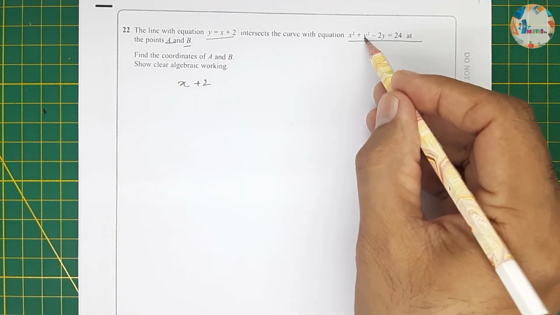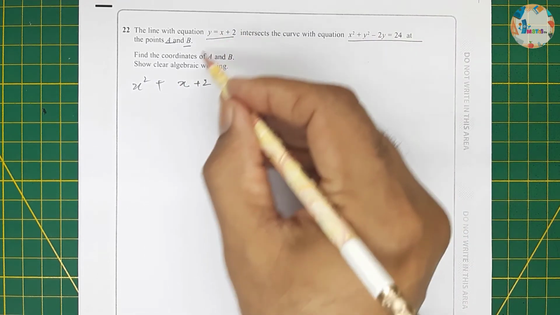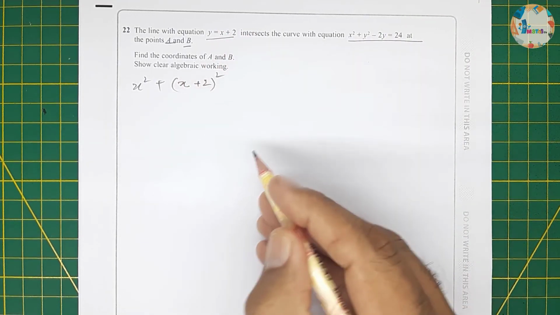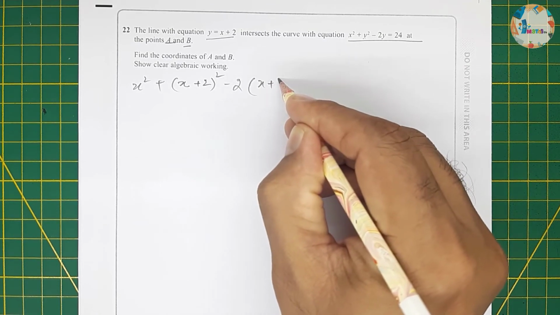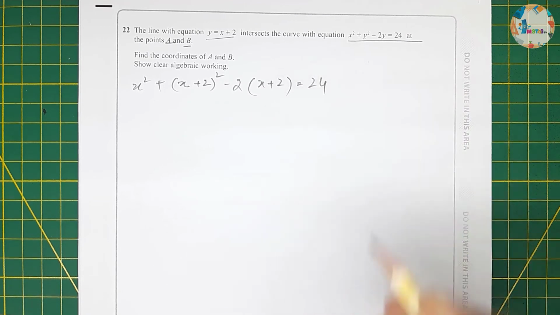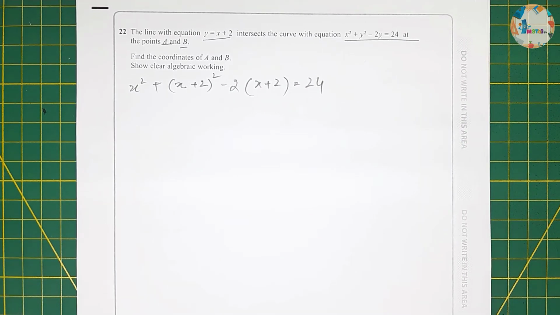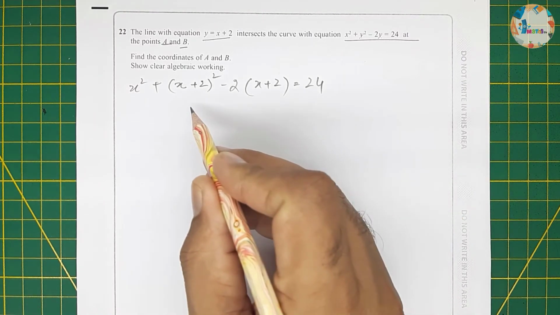So when we replace y, we will get x squared plus, instead of y, x plus 2 squared, and minus 2 into x plus 2. This is the y value, and this is equal to 24. Now we have to simplify this equation to find the value of x.